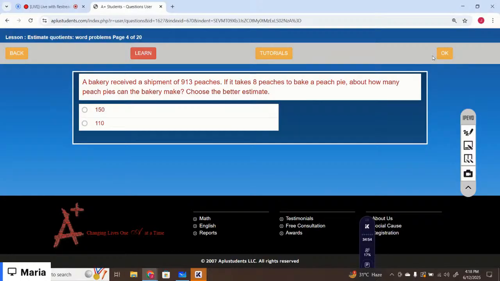The correct option is option number two, that is 110. Option two is the correct option.